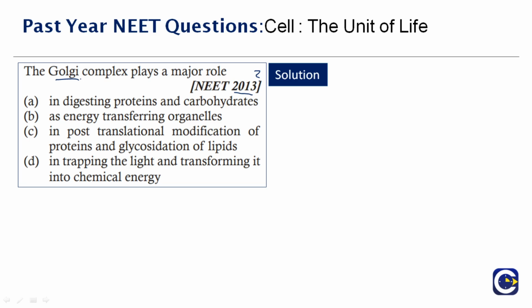Okay, Golgi body or Golgi apparatus, it plays a major role in many activities, sometimes in post-translational activities, and this Golgi complex can be described as a complex of vesicles, okay, and folded membranes within the cytoplasm. So where they are present?